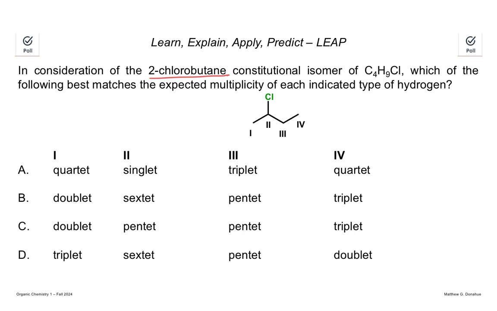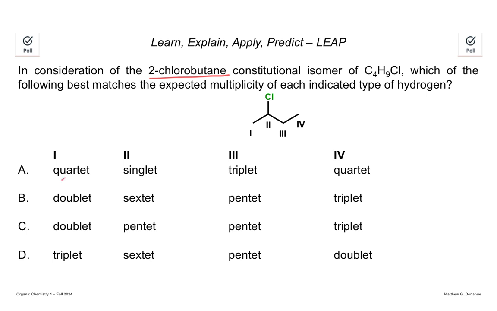And so now again, what you have to consider is look to the right, to the left, up, down for any neighbors, count them, add 1, and then that's how you get your multiplicity. So this CH3 group, how many hydrogen neighbors does it have? Just 1. So 1 plus 1 is 2, that's a doublet.